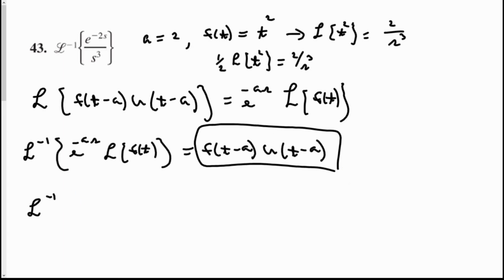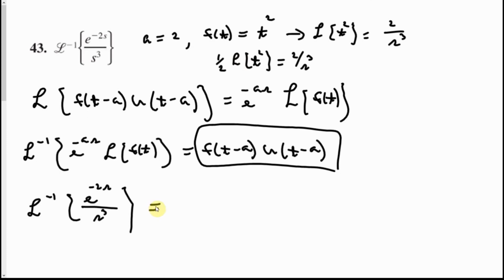So this is the inverse transform of, this is just the problem, e to the negative 2s over s to the third. Now, again, 2 things you want to know. What is a? A is 2. What's the original function? It looks like initially it's t squared, but it's actually 1/2 t squared. Okay.